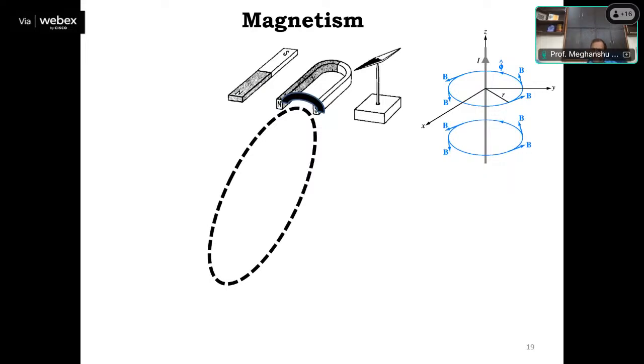So we can generate a magnetic field always by flow of current that you can see here. This arrow is indicating the direction of current, and the blue color circle is indicating the generation of the magnetic field that is associated with the flow of current.